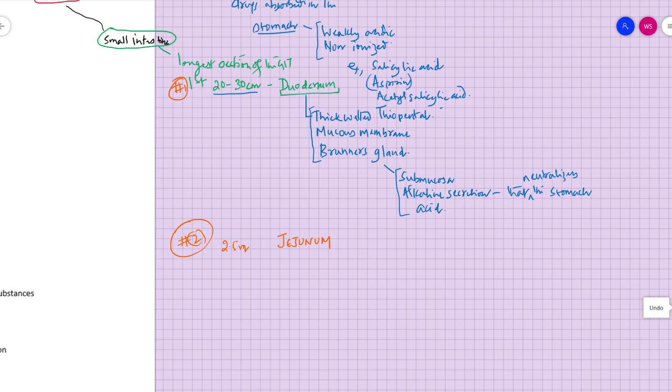So the property of jejunum is that it has got a thicker wall in comparison to the duodenum, and it is more vascular. When we say more vascular, we basically mean that there are more capillaries and lymphatic vessels. Okay.